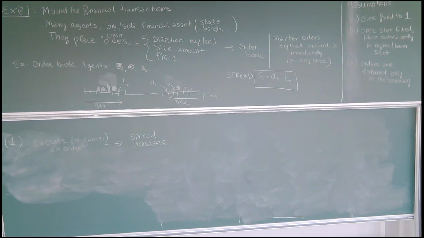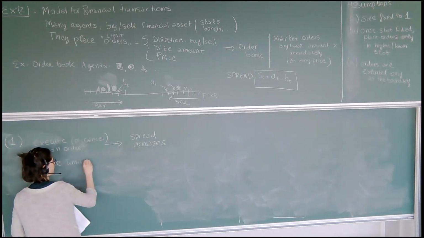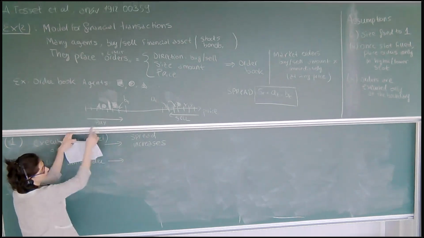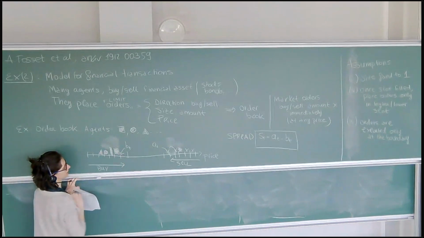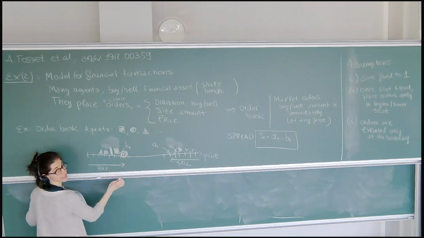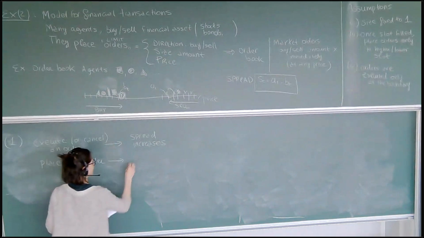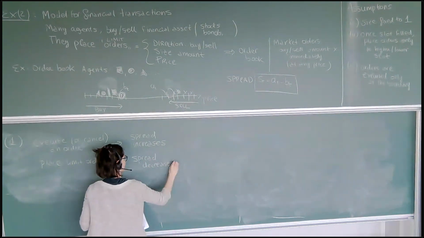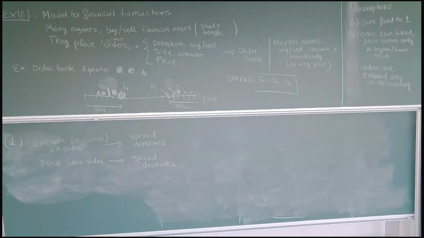Whereas if you place what I called above a limit order, then as I said, you have to place it in front of those which are already in there. So if I say that I want to buy, I will have to place myself in this slot in here, and therefore I will decrease the spread. Okay. So we have only these two types of possible events.